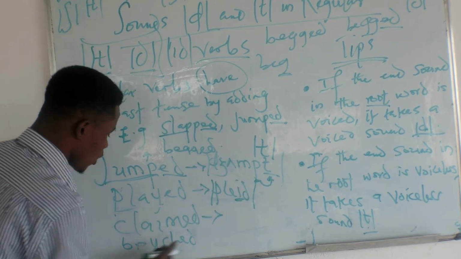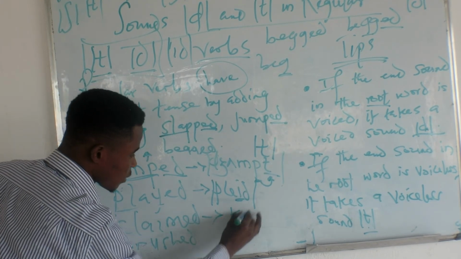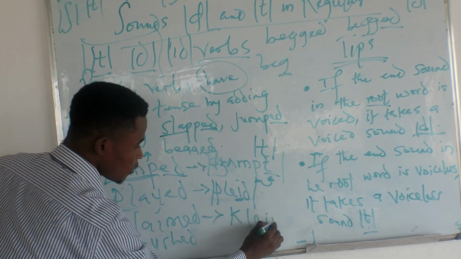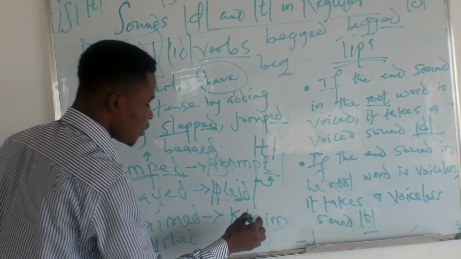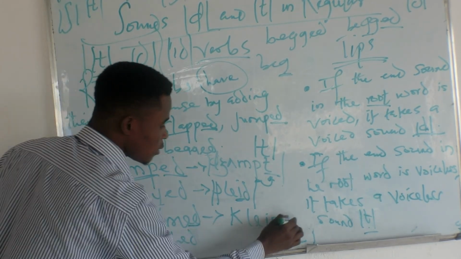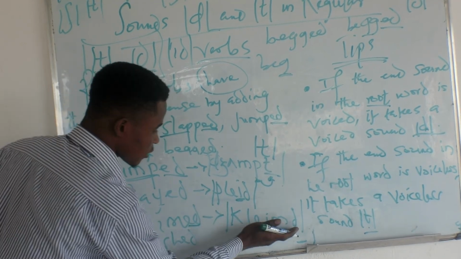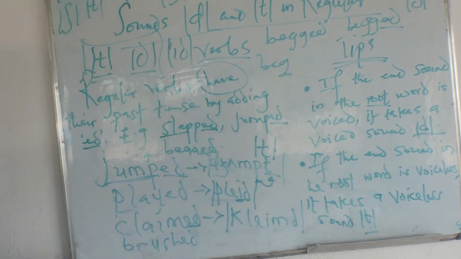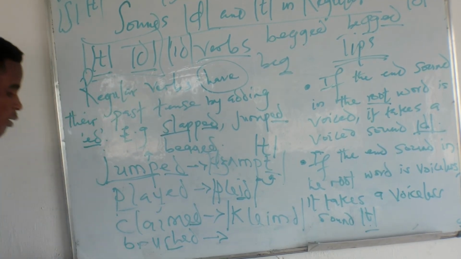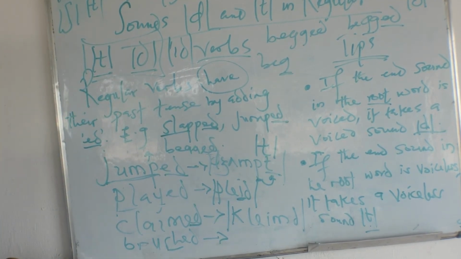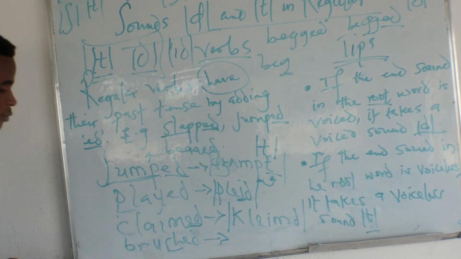The third one, we have claimed. The transcription, the same thing. We have m at the end, which is also a voiced sound. Therefore, it will attract d, which is voiced. So the transcription is claimed. Let's look at the last one. Brush is the root word. And it is voiceless.